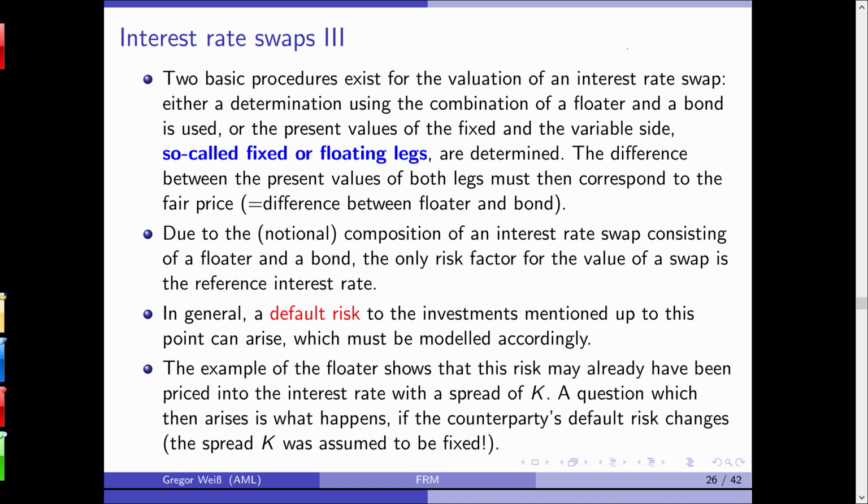You would simply include an additional credit spread K in the valuation of the floater or the bond, and then it's a little bit more complicated, but this could be done here as well. And the question now is, what happens if the counterparty's risk changes? We've assumed that this credit spread K is fixed. Now, if default risk changes, of course, one would need to use adjustable credit spreads K1, K2, K3, or something like that.